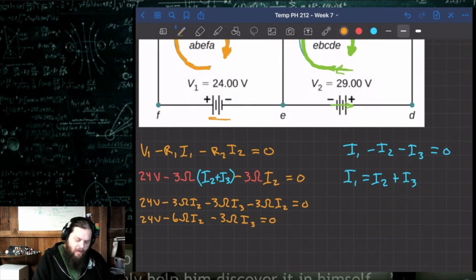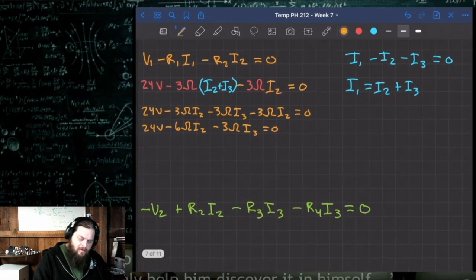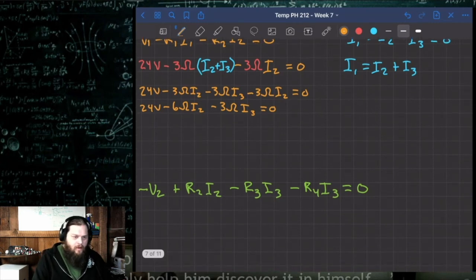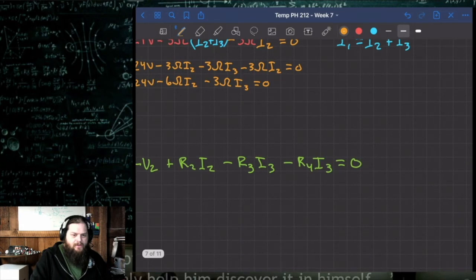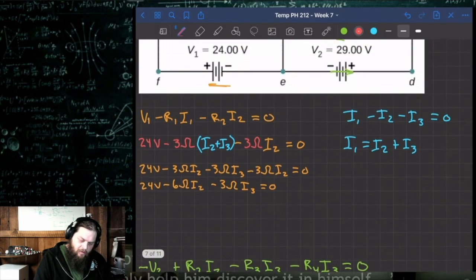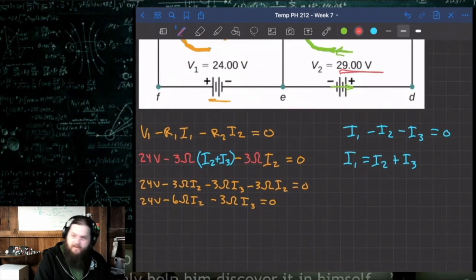So we have two equations there, I2 and I3. We need to move down to the green equation, and we're going to solve for one, either I2 or I3. So let's see, and I think I solved for I2. And we're going to plug in first the values that we know. So V2 is 29 volts.